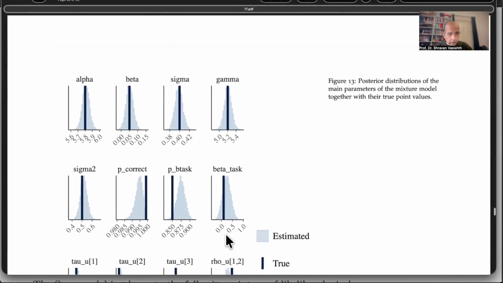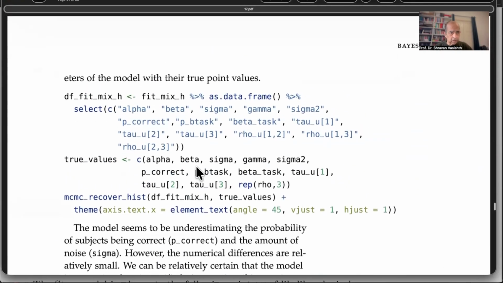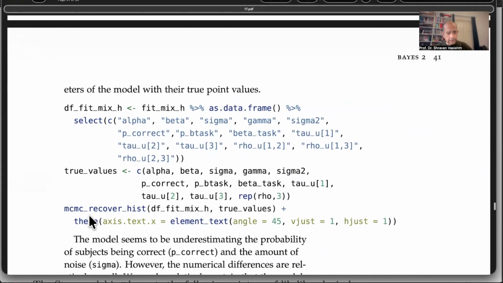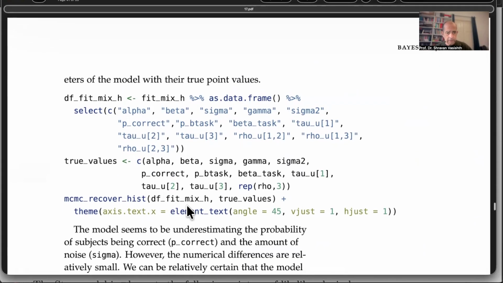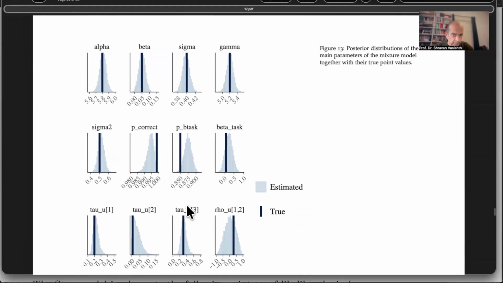That was just code, and mcrecover hist is the function. So you can look at this code later. It's just standard stuff. So what we produce here are the posterior distributions in blue for each of the parameters, and the true values are the vertical black lines. So everything looks pretty much okay except for maybe a few things here.